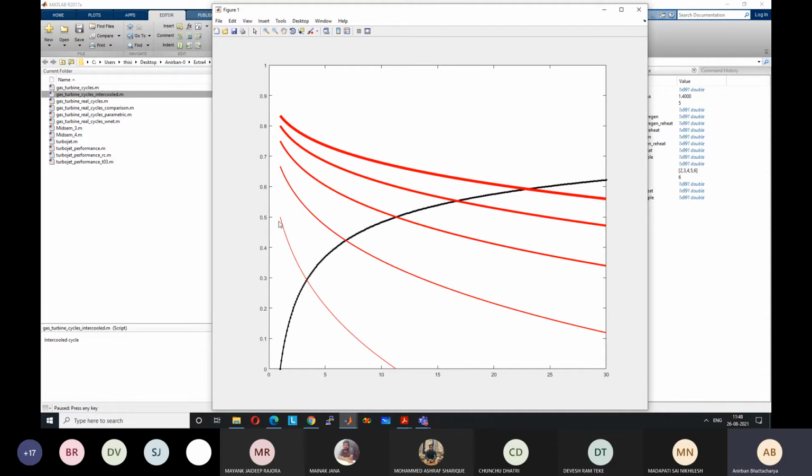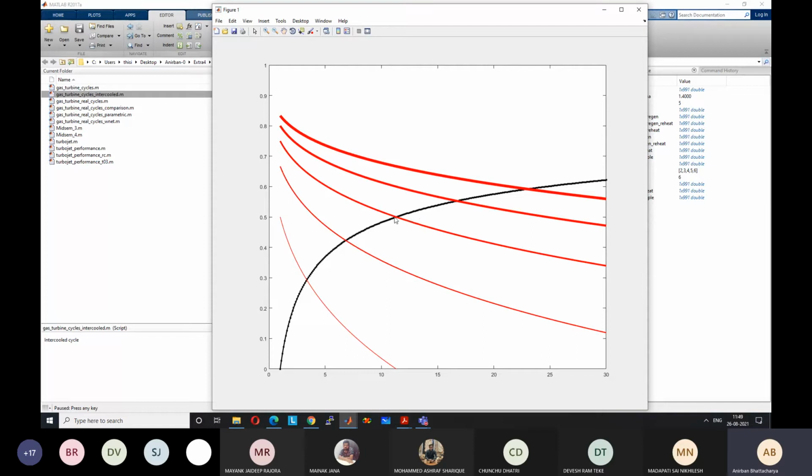So at R equal to 1, we get the highest efficiency, which is 1 minus, I think it was 1 minus T by T. And then it decreases. So for T equal to 2, at a very small value of R only, it becomes worse than the simple Brayton cycle. At T equal to 3 also, at a low value of R, it becomes worse than the simple Brayton cycle.